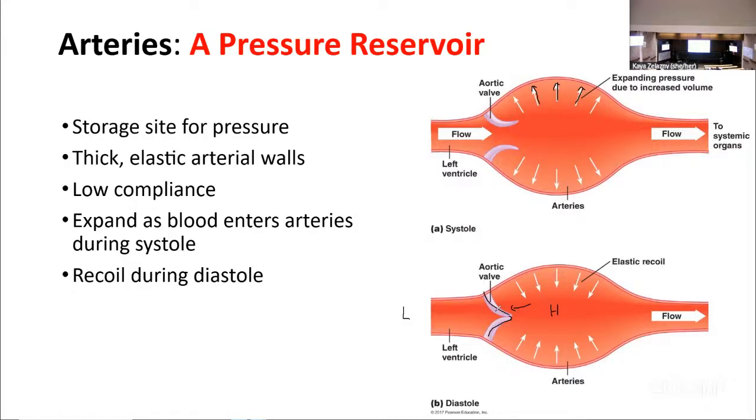At this point, we have those valves closed, stopping the flow, and that pressure that we stored in the wall of the aorta, we have those walls bouncing back, this elastic recoil, keeping that blood flowing through the systemic circuit. Even though the heart is going into diastole, into relaxation, at low pressure, we still have blood flow out to our organs because we're using this stored pressure.